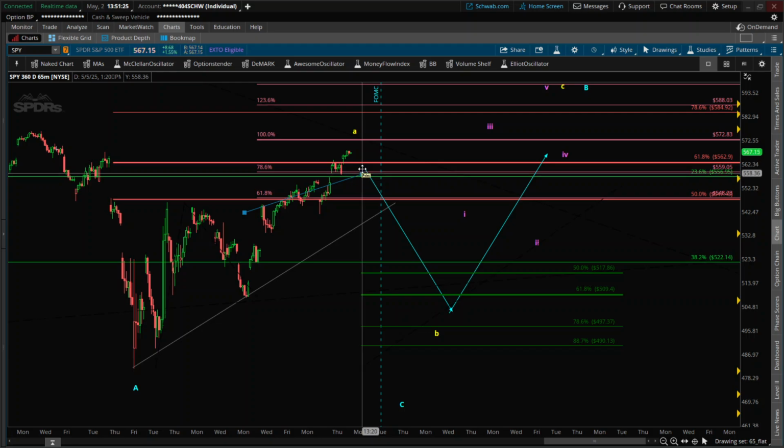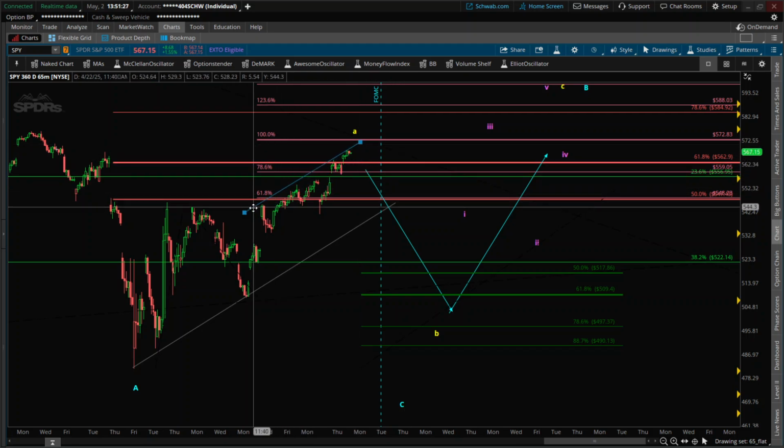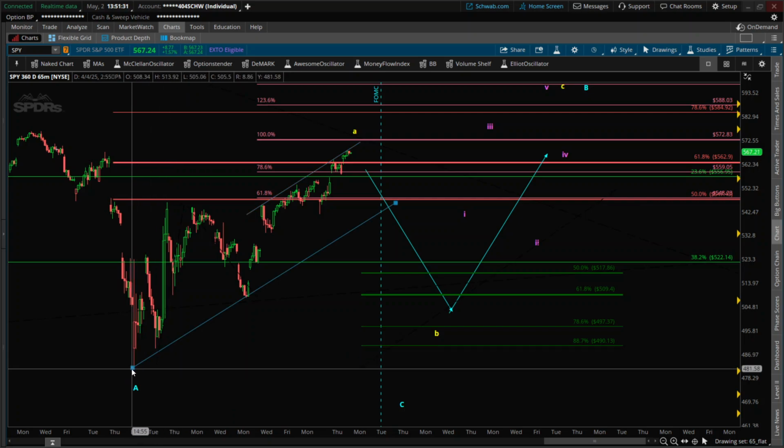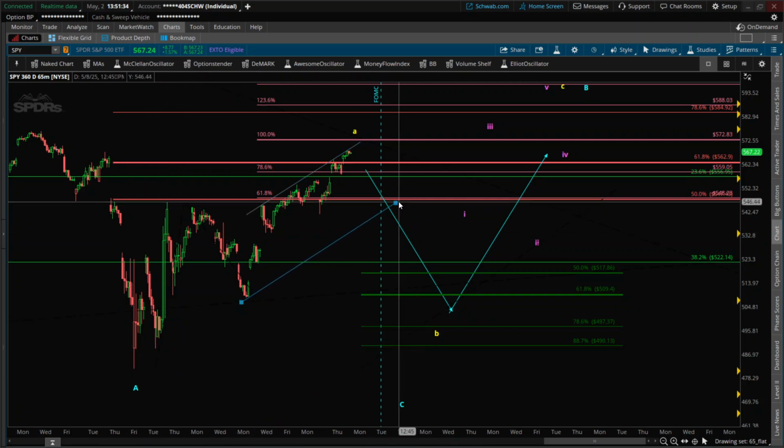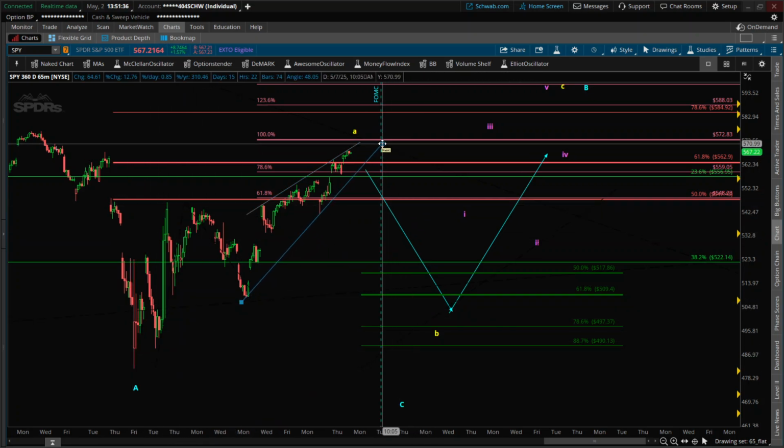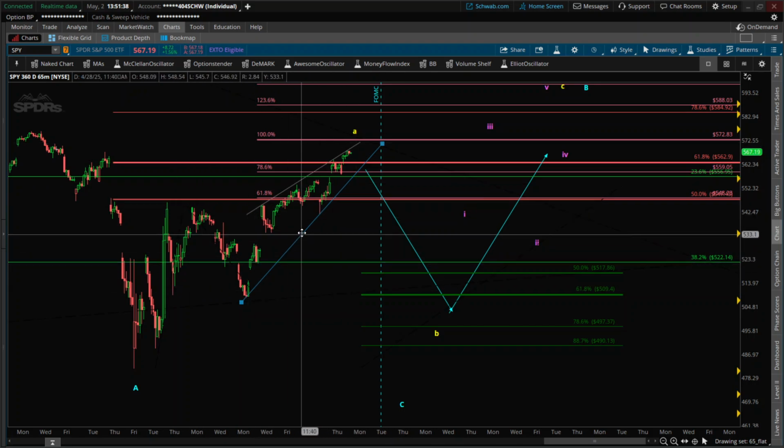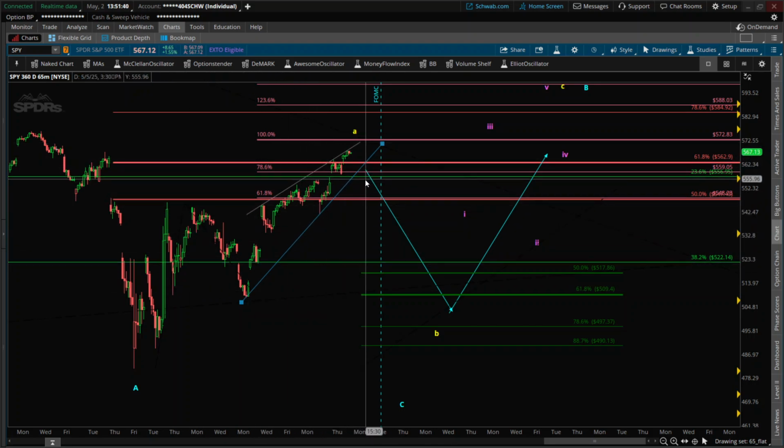And believe me, if something else starts to occur, that's why we do these videos so often. You have to stay on top of this. Here is the wedge within a wedge. So once this starts to break down, we'll have to determine if it continues higher. Maybe this all was just your wave 1, 2, and we're into 3 and 4 and 5.